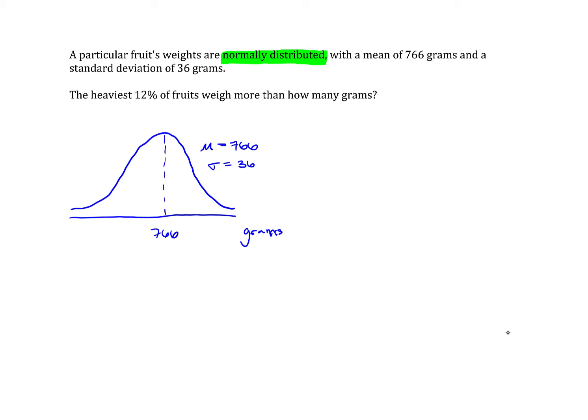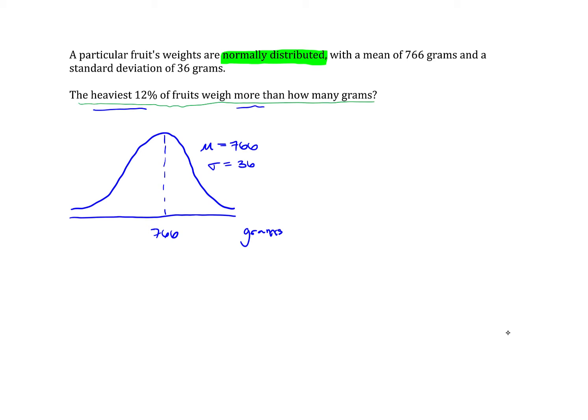Now the question says the heaviest 12% of fruits weigh more than how many grams? It's not asking for a probability or a percentage. So what I'm looking for is an answer in terms of grams, which is an answer along the x-axis. And this is more than how many grams, and we're saying the heaviest 12%.